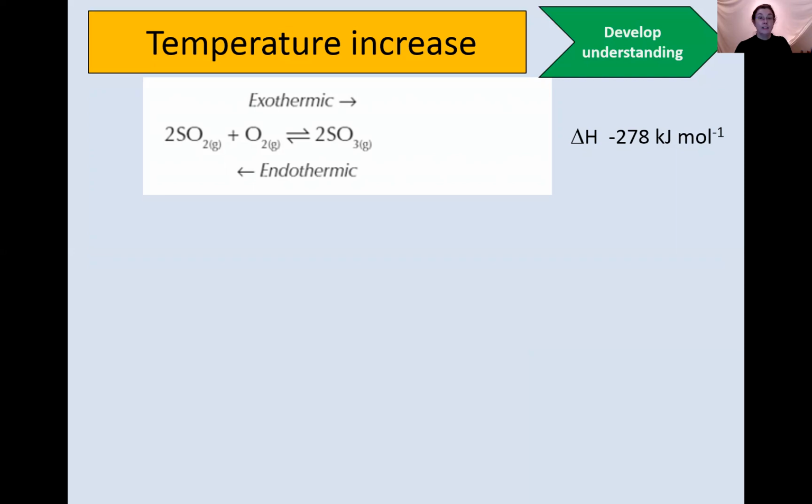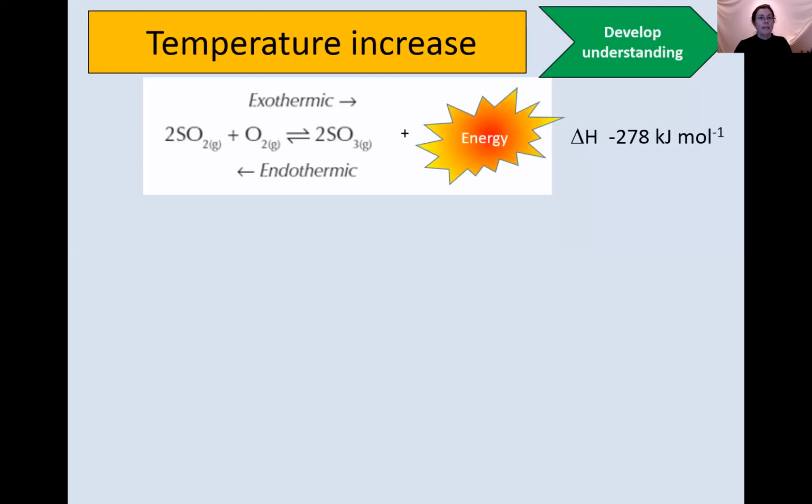Well, the delta H, the change in energy, tells us, and we can see here that the delta H has a negative value, negative 278 kilojoules per mole. And because it's negative, we know from previous lessons that the forward direction is exothermic. It's giving out energy to the surroundings, which means the reverse direction has to be endothermic by exactly the same amount.